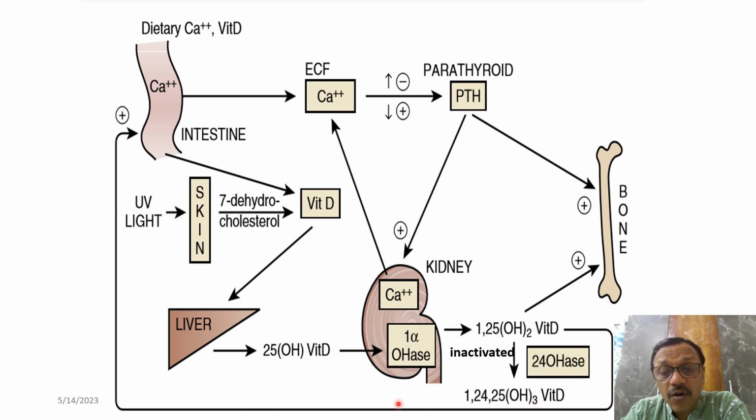This active form of vitamin D will stimulate the intestine to absorb a large amount of calcium and thereby again increase the calcium level. And this enzyme can be inactivated by this other enzyme, so this form of vitamin D is formed which does not have any physiological effect.